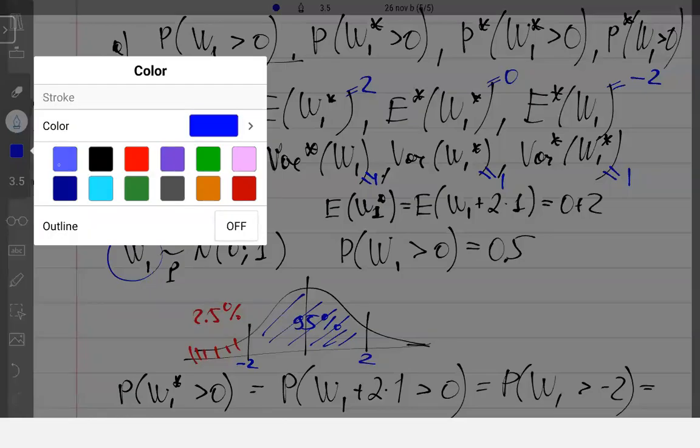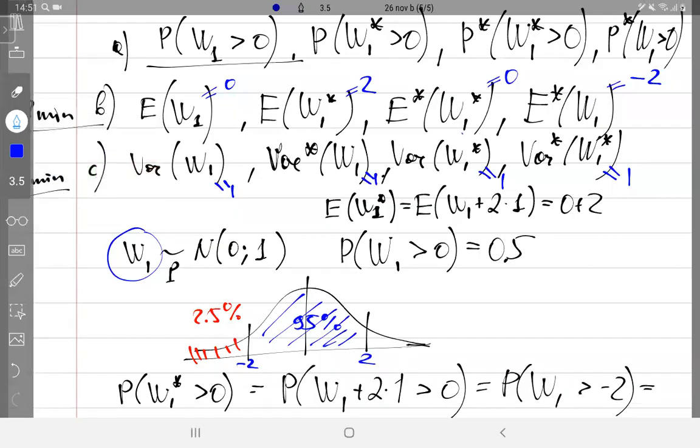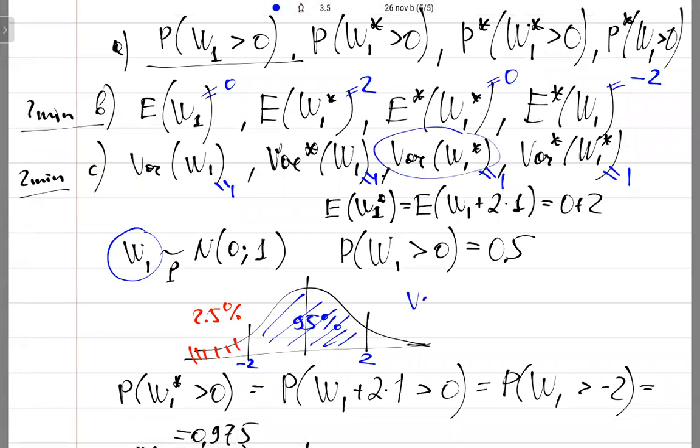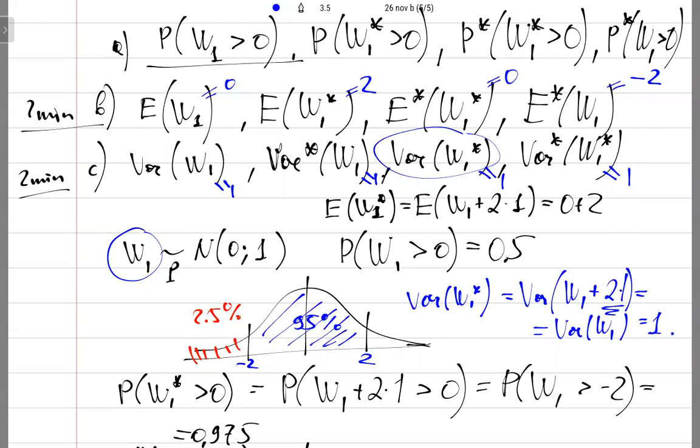So I will just solve one of them, let's say that one. What is the variance of W1 star? It's the variance of W1 plus 2 times 1, but the constant does not influence variance. So it's the variance of W1 and it's 1.